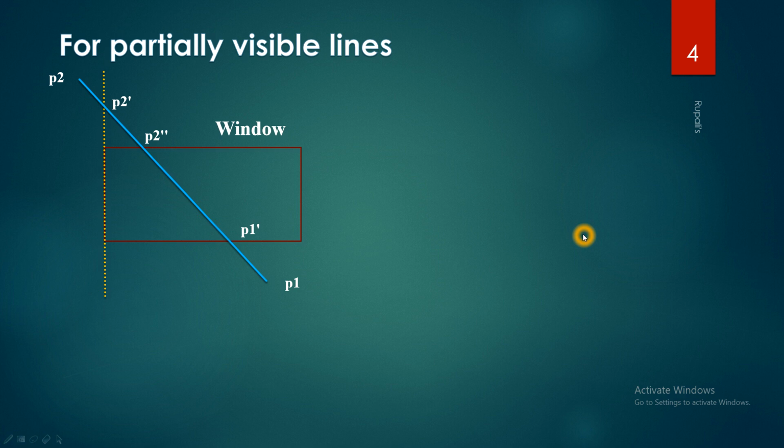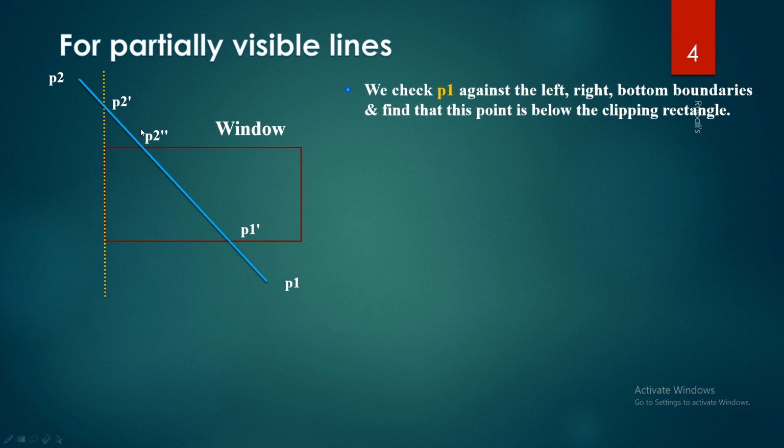For a partially visible line, this is our line and this is our window. See this point P1. We check P1 against the left, right, bottom and top boundaries and find this point is below the clipping window.